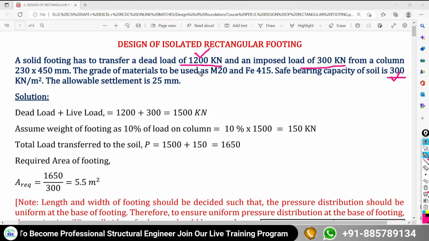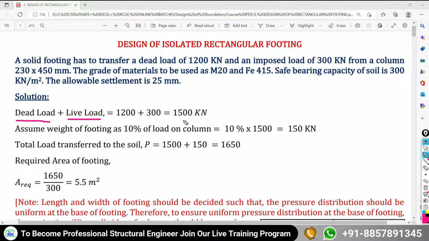Both of these things are given in your problem statement. So here dead load plus live load is going to become, totally, 1500 kilonewton. We are given 1200 kilonewton and 300 kilonewton, and if we add these two forces we get the value of 1500 kilonewton.